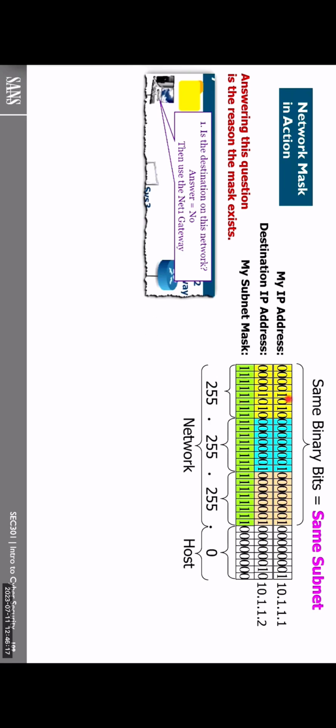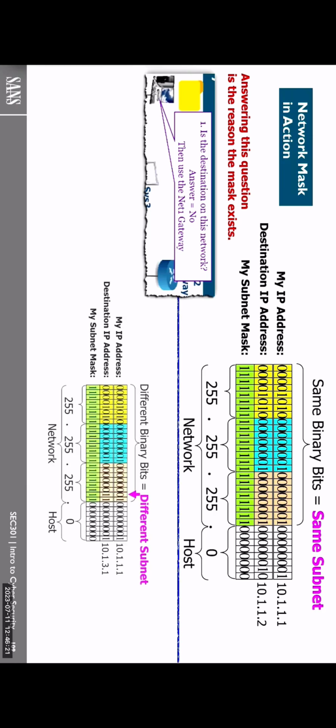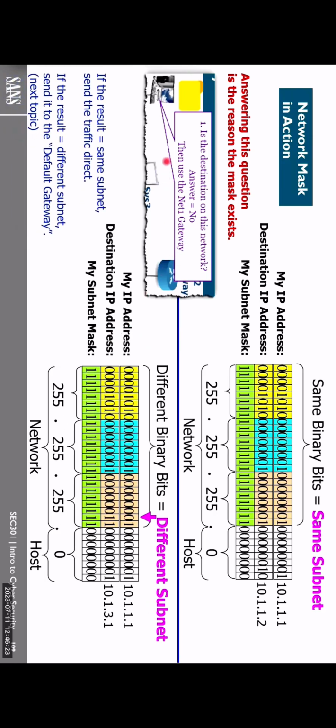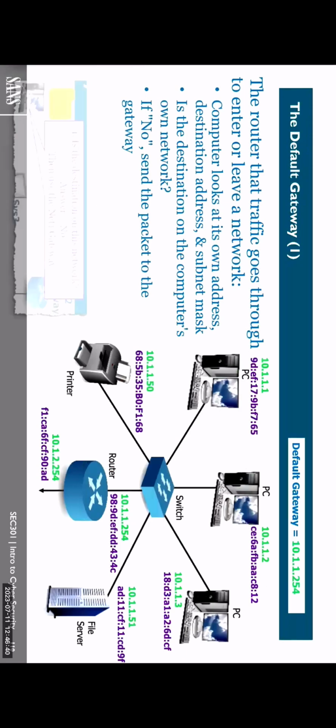If it's the same, the answer would have been yes. But in this case, the answer was no, because those two systems were on two different networks, because that bit right there, and all it took is one bit, was different. That tells us it's not on the same network as each other. So I have to send it to the gateway. That brings us to that gateway.